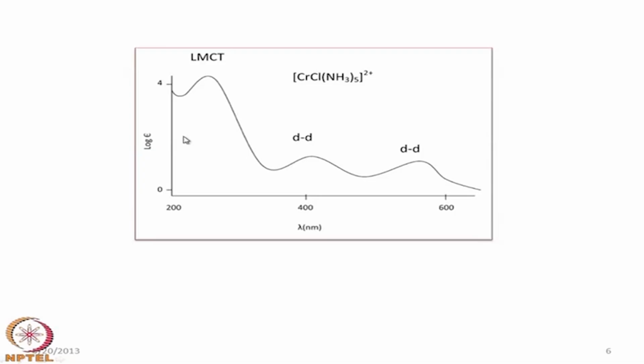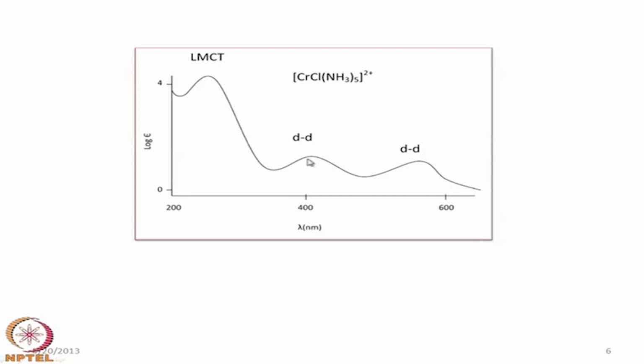And what we will see next, if we systematically analyze the different types of electronic spectra we can have, we will find that we can have three different types of dd transitions which are allowed to some extent depending upon the relaxation of the selection rules.